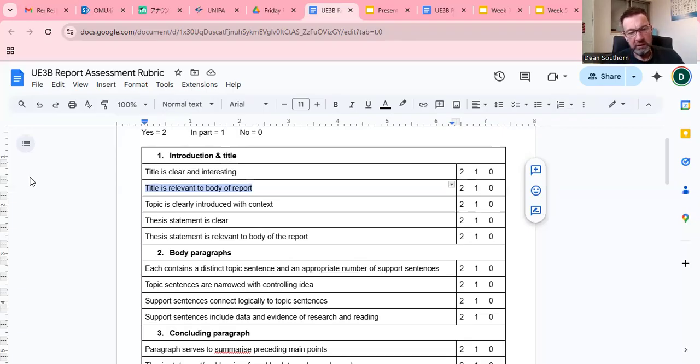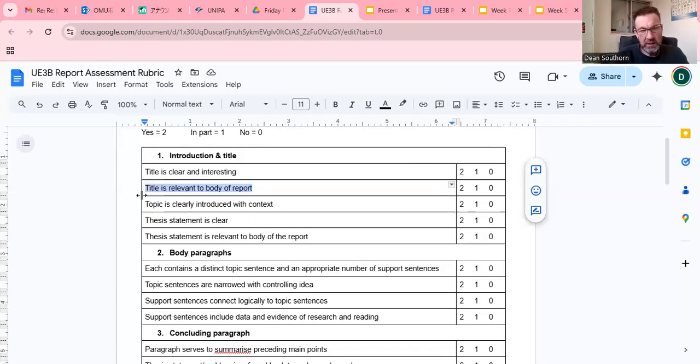So don't then go off and write about something different because you've since read something else about AI and motoring that you find interesting. You have to stick to the topic that you agreed with me.